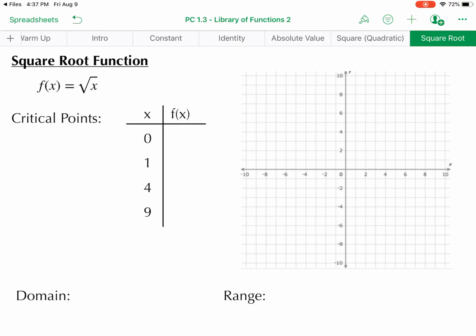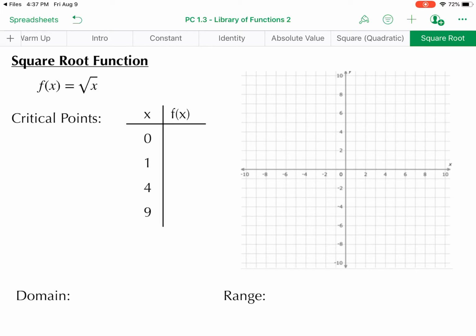All right, now we already touched on this a little bit in the last section regarding domain and range. This is going to be our first type of function in our library that doesn't have a domain of all real numbers. That's because you cannot take the square root of a negative value, right? Notice my critical points.